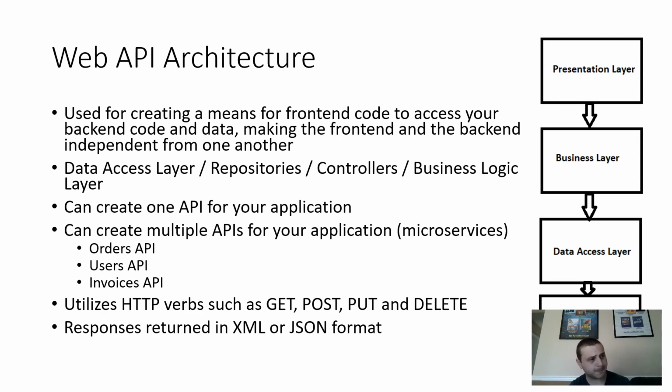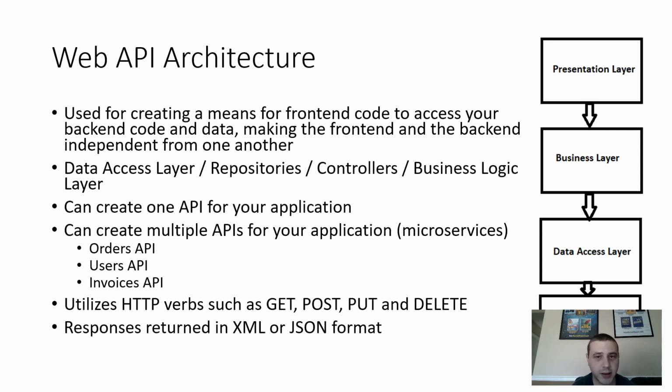So you can create one API for your application if you choose. Or you can create multiple APIs for your application. These are called microservices. So this is all talking about the API layer, by the way.